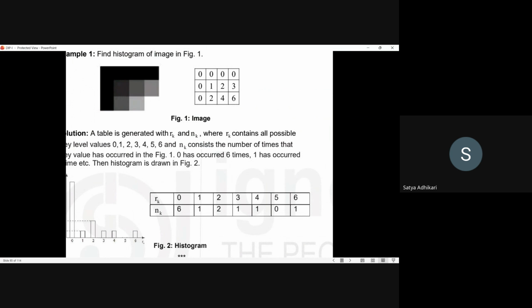And 2 occurs twice. 3 occurs once. 4 also occurs once. There is no 5, so the number of times 5 occurs is 0. And 6 occurs once, the last one.